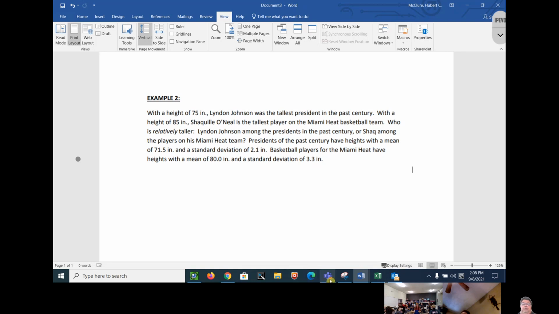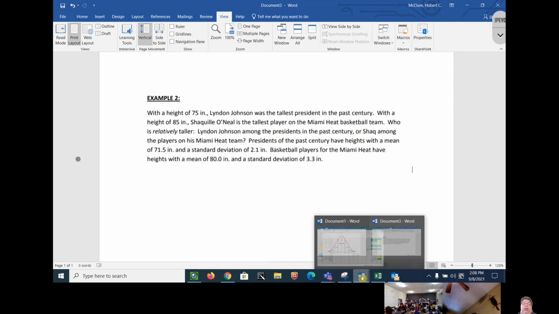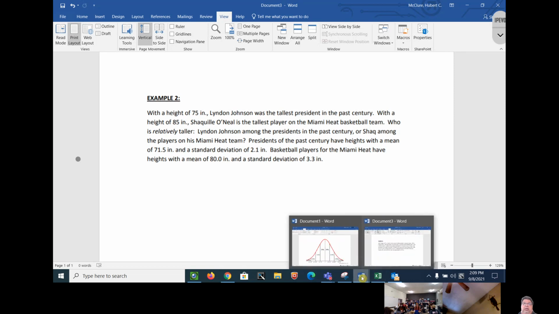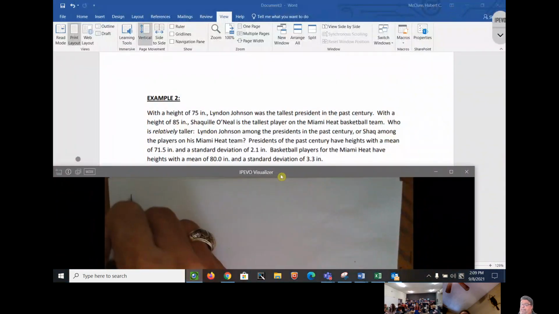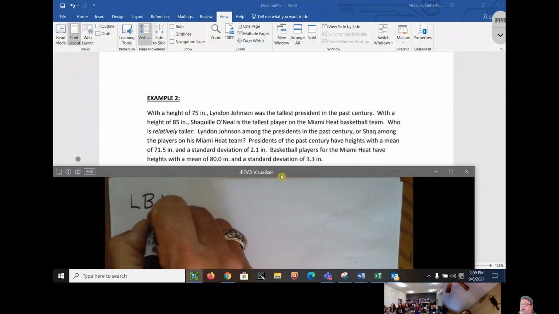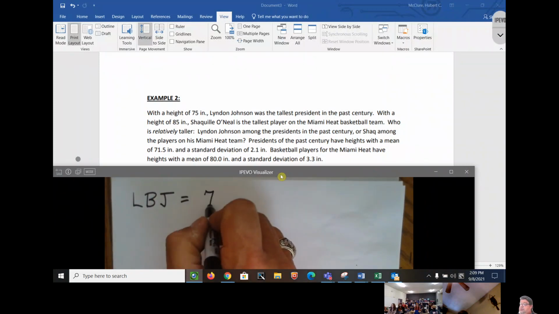And I'm going to write it so you can see it for those that sit in the back of the room. I don't know what y'all's projector looks like. I don't know what your screen looks like, so I don't know what you can see and what you can't see. So I'm going to write it down here below it. Okay, LBJ, Lyndon Baines Johnson, is equal to 75 inches.